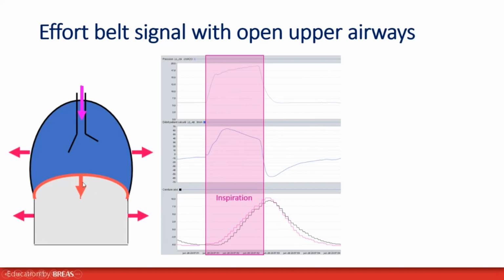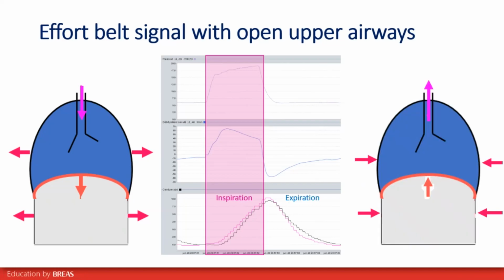So when we breathe, the diaphragm goes down so that the diameter or the size of the abdomen increases, and the air comes into the thorax, so that the diameter or the size of the thorax increases. So when you have a normal inspiration, you will see an increase in the signal of both the thoracic and the abdominal belt. Now, when the patient exhales, it's the other way around.